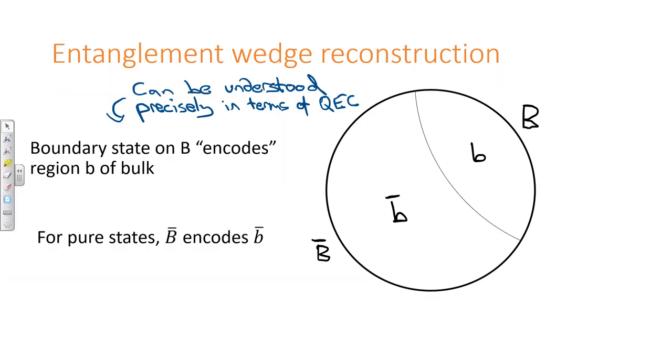It's easy to see this: the entropy of complementary regions in a pure state is the same, and so the area of the edge between them is the same, and it just ends up being the same minimization in different words.